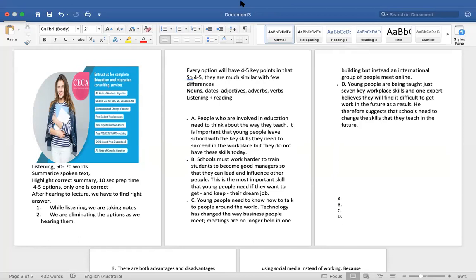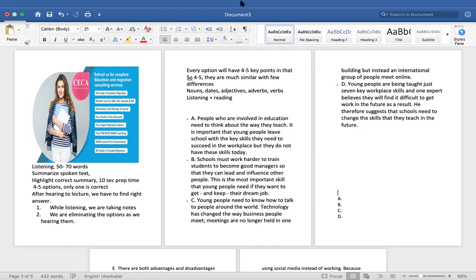Beginning in 7, 6, 5, 4, 3, 2, and 1. Now. Dr. Tony Wagner believes there are 7 skills that young people need to have in order for them to find and keep a good job in today's economy. But he thinks our schools are focusing too much on tests and academic performance and aren't doing enough to teach those skills. Let me give you an example. One of Wagner's 7 skills is the ability to work in an international team. This is because little teamwork is carried out in one building anymore.